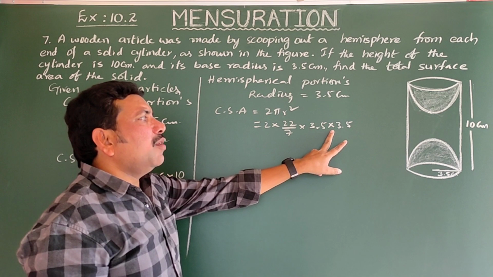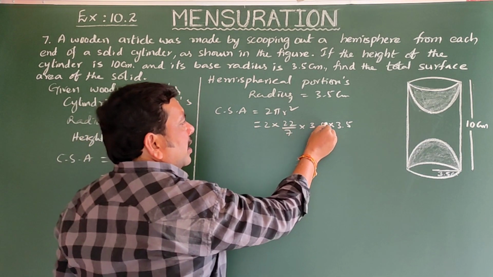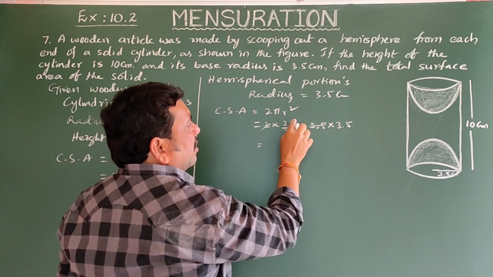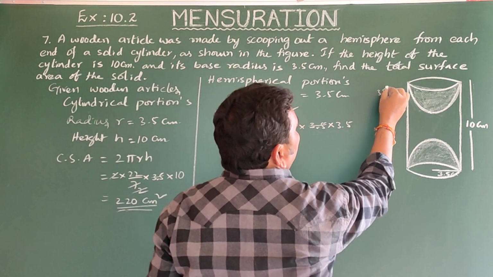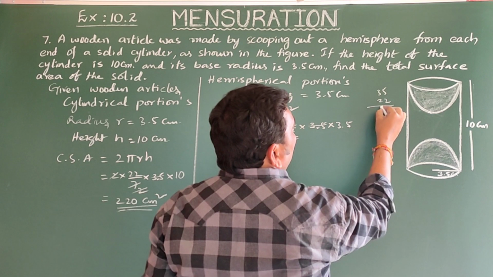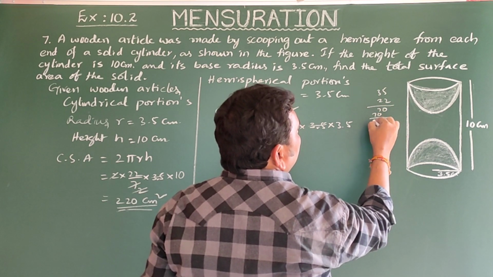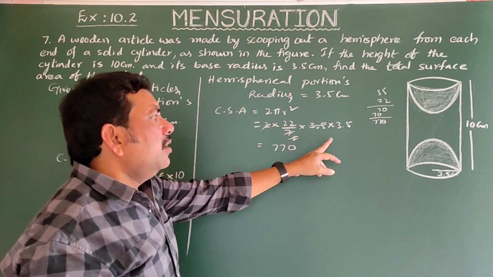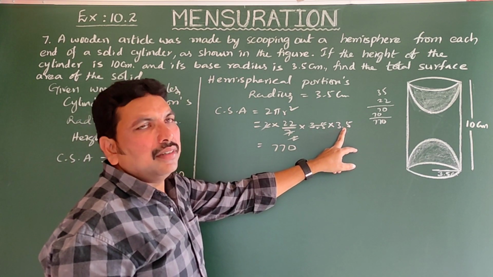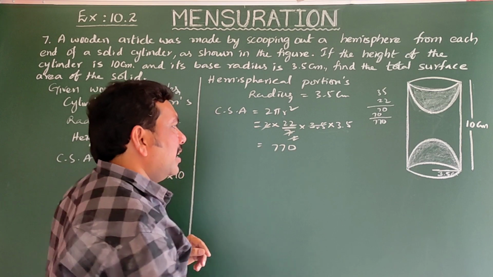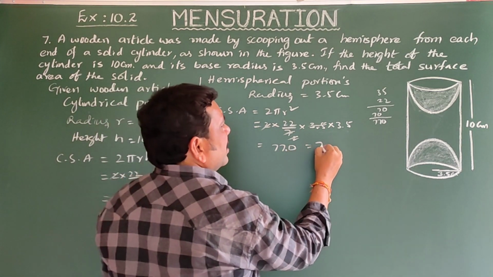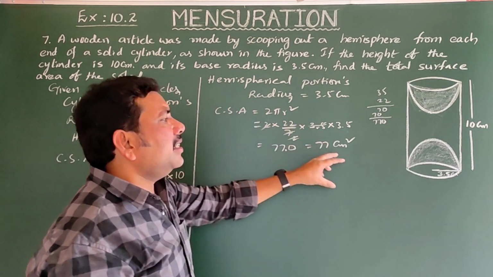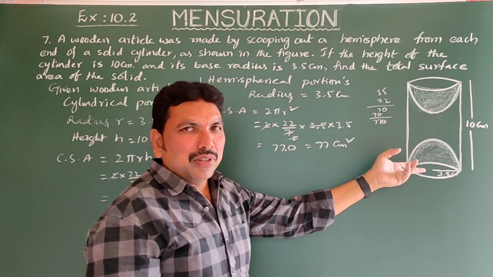Look here, 3.5 times 2 is 7. 2 gets cancelled. Multiply 35 with 22: 35 times 22 is 770. So one digit is there after the point, so keep the point here. That is equal to 77 centimeter square. So this is the CSA of one hemispherical portion.